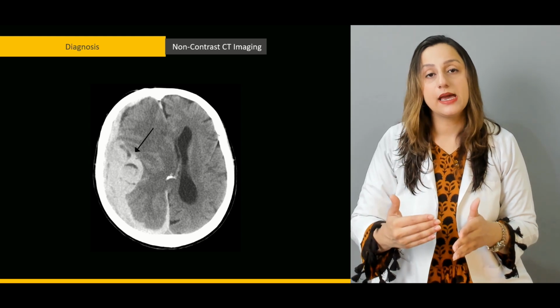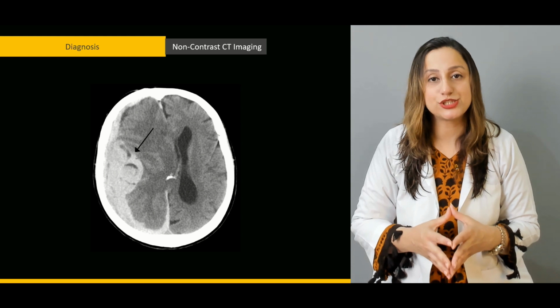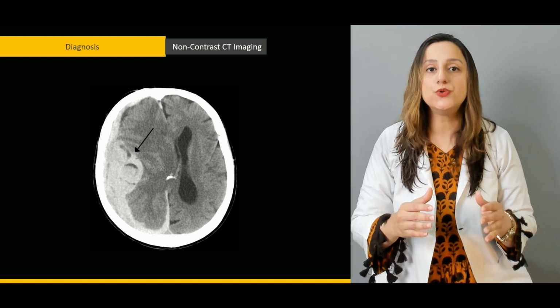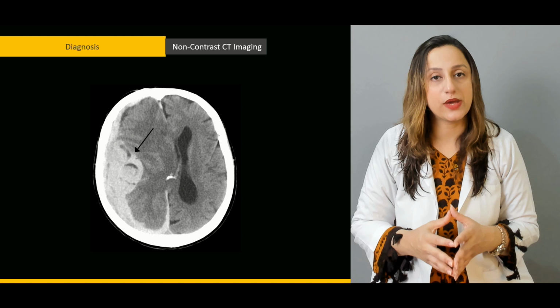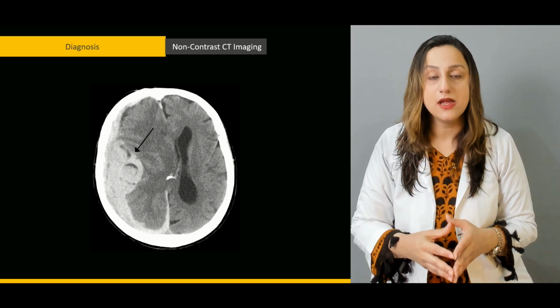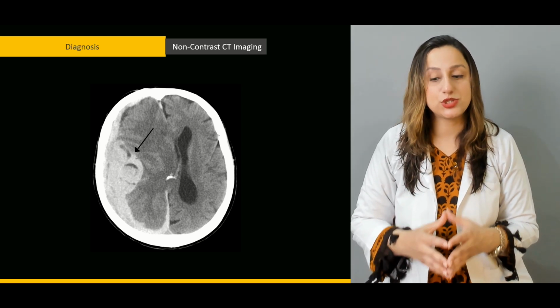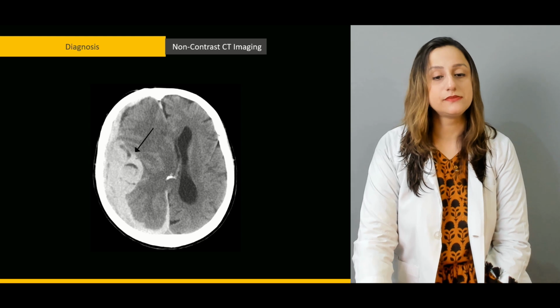That would be the patient in which you're going to carry out these radiological investigations, just to rule out whether this patient is suffering from an ischemic variety or a hemorrhagic variety of stroke.